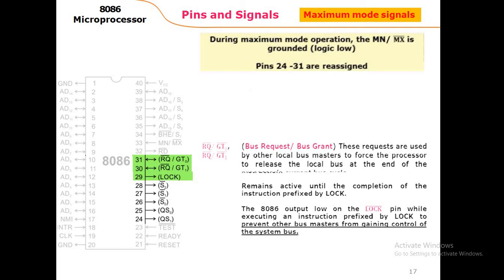The next is LOCK bar. The 8086 outputs low on the LOCK pin while executing an instruction prefixed by LOCK, to prevent other bus masters from gaining control of the system bus. If the LOCK bar pin is active, that is low, no one is going to access the system bus.